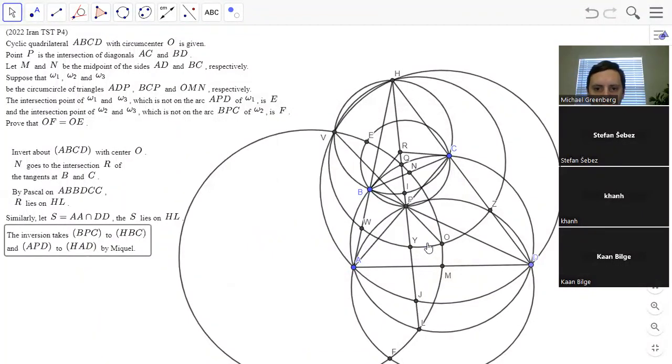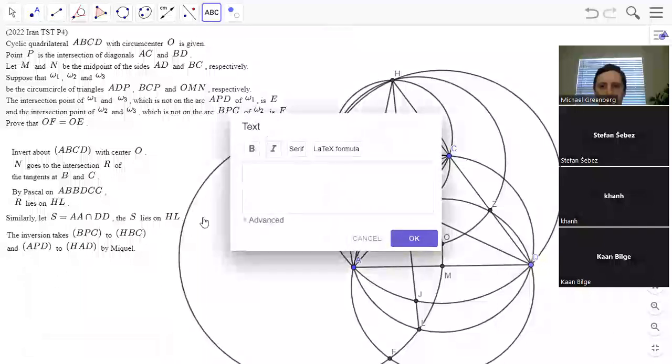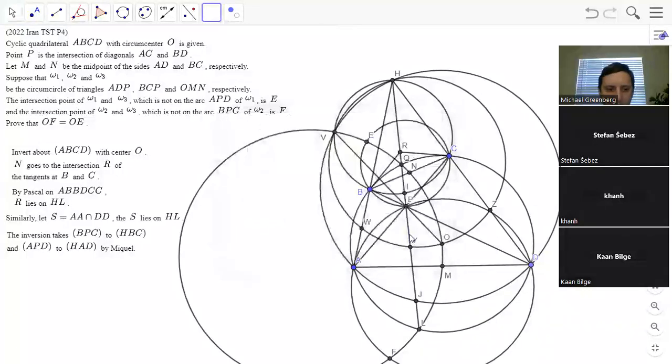Okay, so the problem then reduces to showing that OI is, so basically it therefore takes F to E. I'm sorry, it takes E to I and F to J. HL intersect HBC.